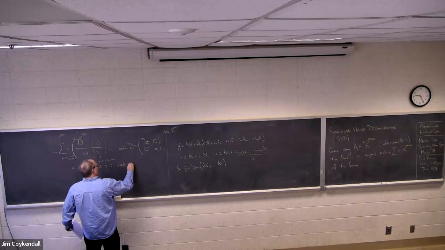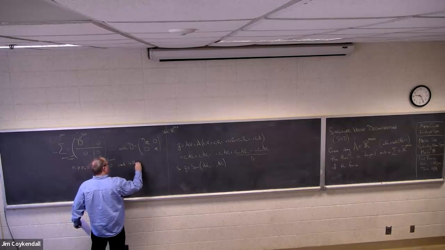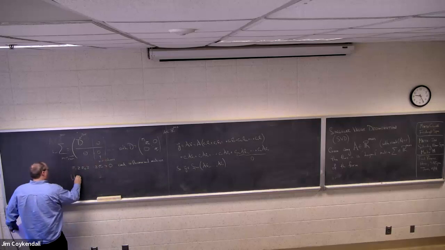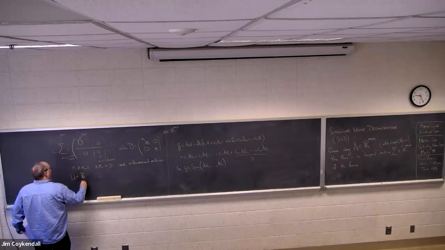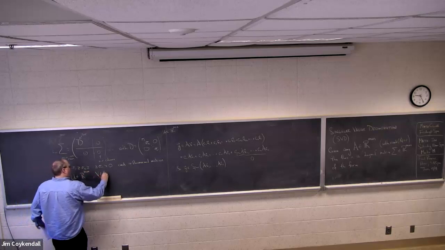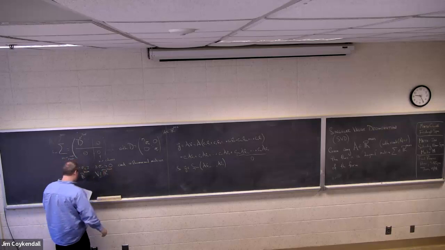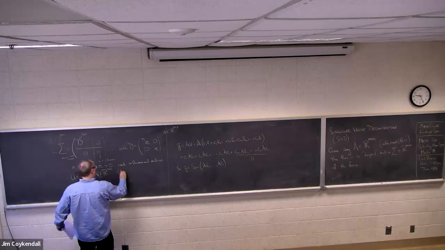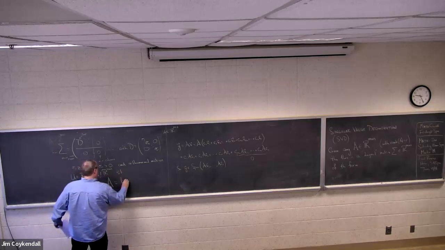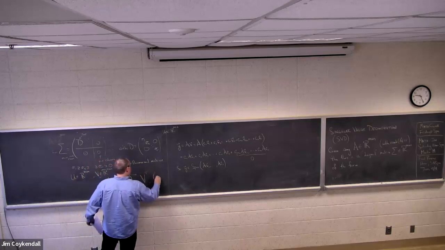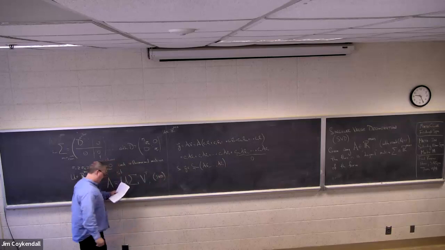And orthonormal matrices U in R m by m and V in R n by n, both orthonormal, such that A is equal to U sigma V transpose. And this is the famous singular value decomposition.